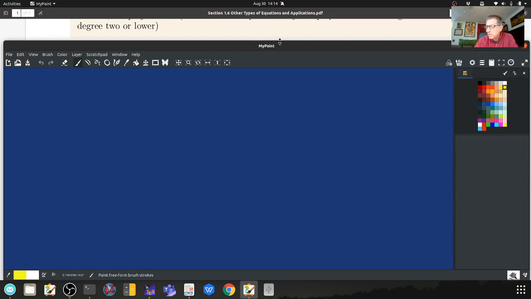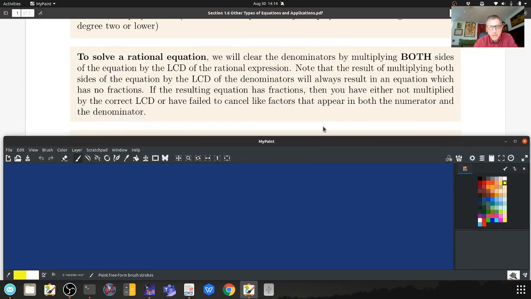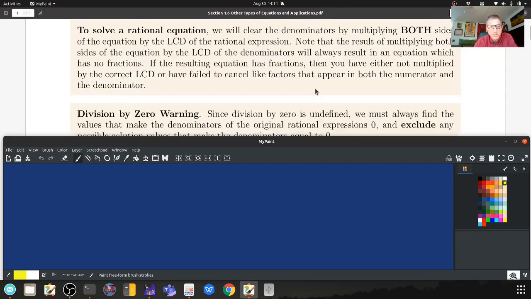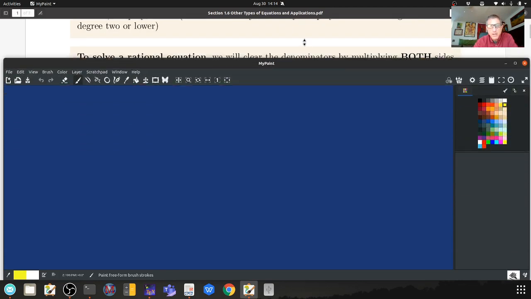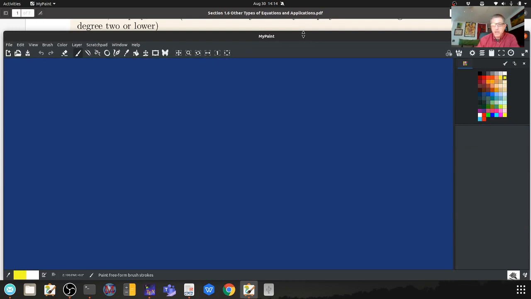Here I'll do it in just a second. I'll do it right now. When we try to find the LCD of polynomials, I want to show you a linear polynomial.